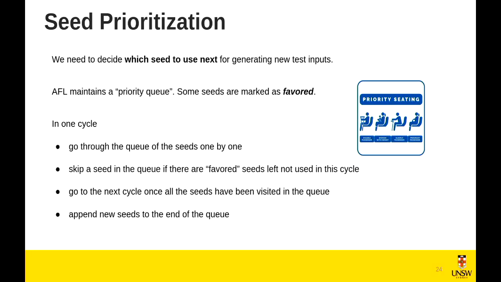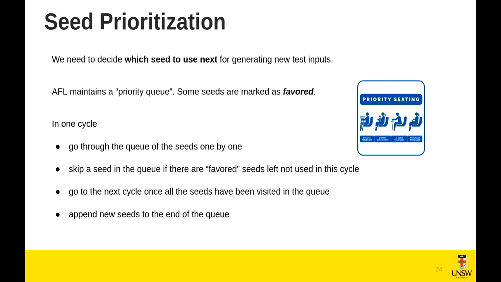How does this priority queue work here? In one cycle, AFL will go through the queue of seeds one by one. If a seed is not marked as favored, and there are still favored seeds which are not visited yet, AFL will skip that seed in this cycle.